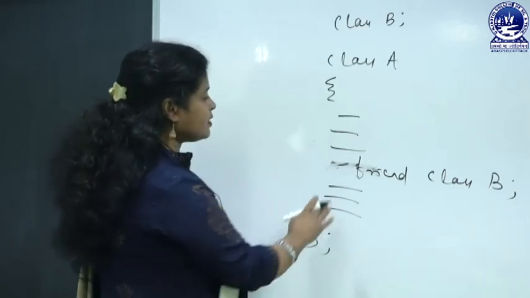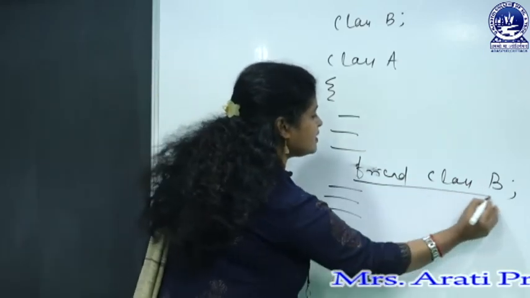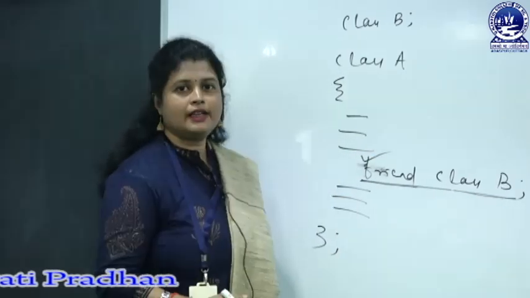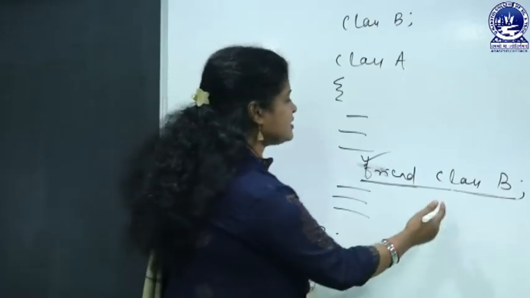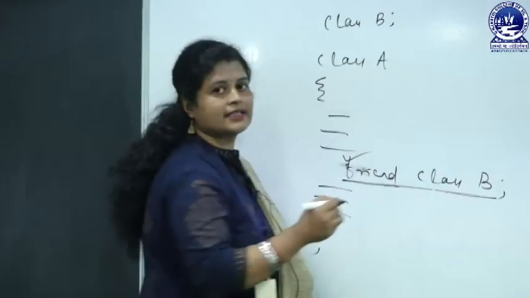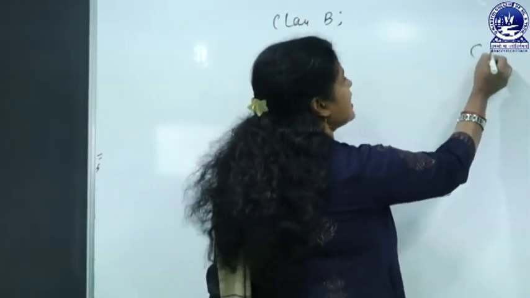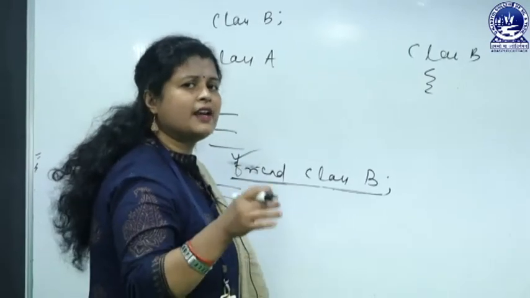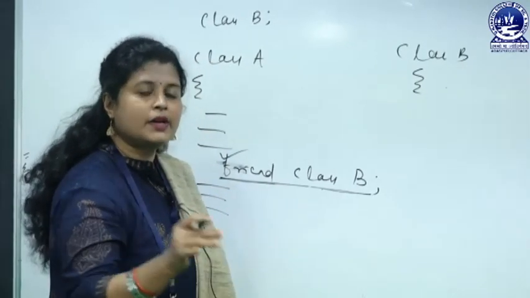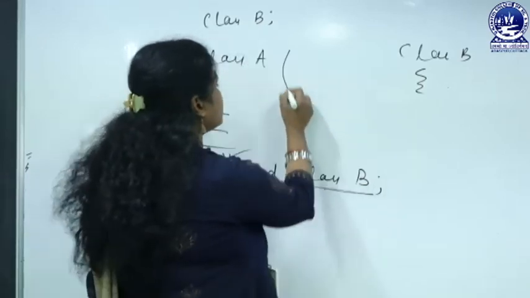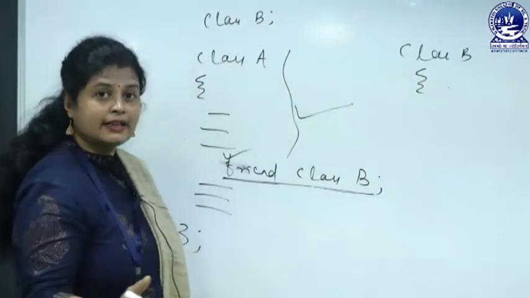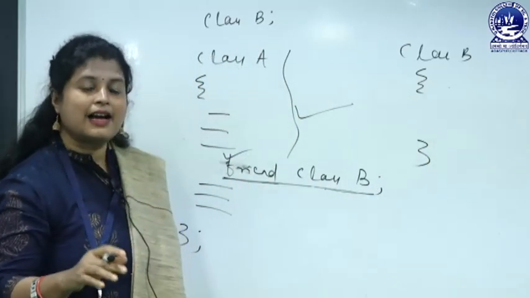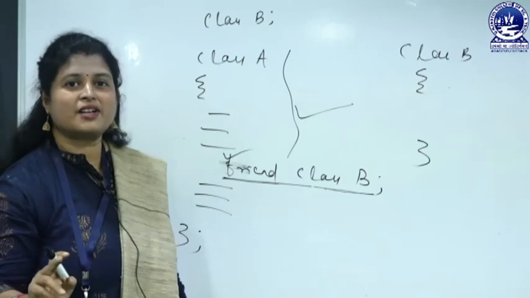When you write it in this way, on the basis of the statement friend class B, the system will understand that class B is the friend of class A. Inside class B, if you access any private or protected member of class A, there will be no error because class B is the friend of class A. But as we have discussed, friendship is not mutual.